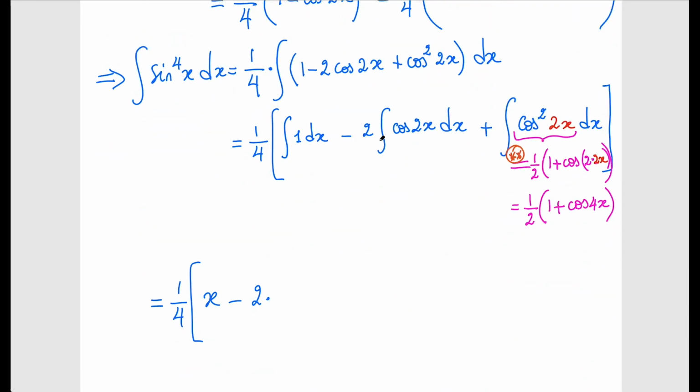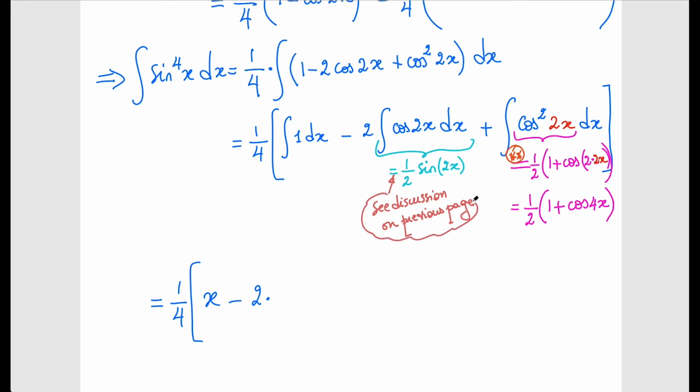Okay, so this is half of sine of 2x, and I'm going to tell you here, just see the discussion above, on the previous page. And by previous page I mean just the one that we were just talking about.